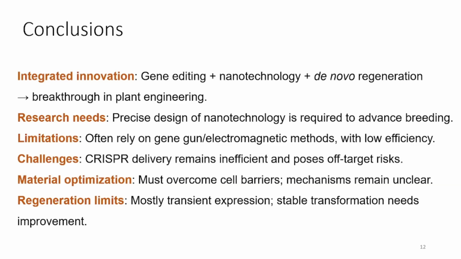Current methods rely on gene guns or electric fields with low efficiency, while CRISPR delivery faces off-target risk. Nanoparticle architecture and transport remain unclear, and most transformations are transient, requiring improved regulation for stable crops.